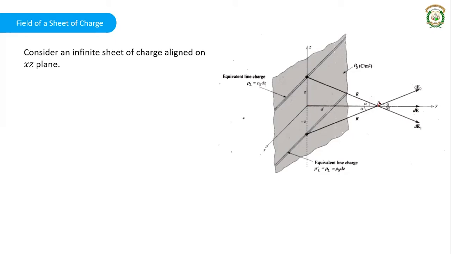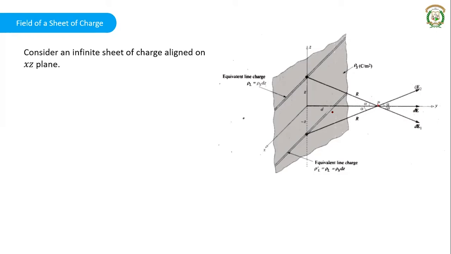For this we will use xyz coordinates, that is, rectangular coordinates, since a sheet or a plane has symmetry in rectangular coordinates. The sheet of charge is perpendicular to the y axis, and the distance of the point P from the sheet is D.